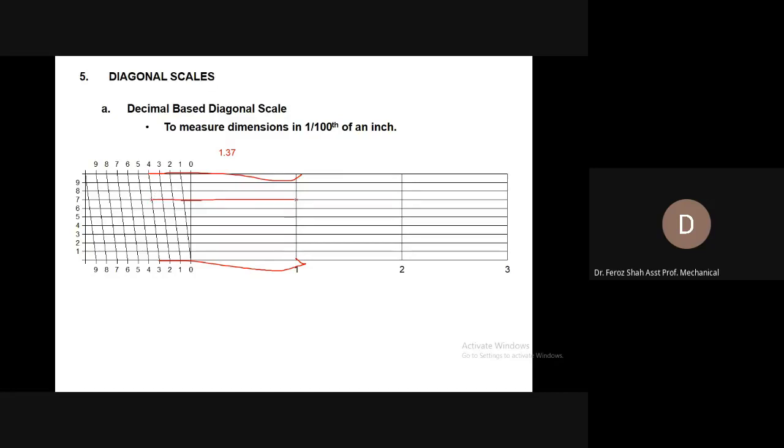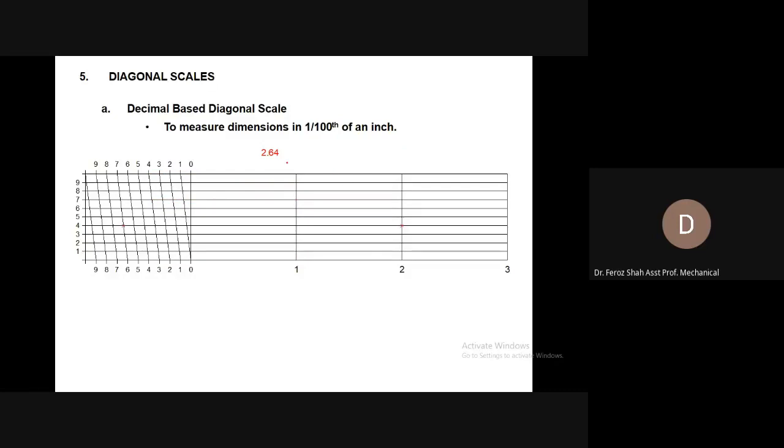So you will have to take this measurement with the help of the compass. Open your compass from here to here and take this reading where you want to draw a line or something of this measurement.